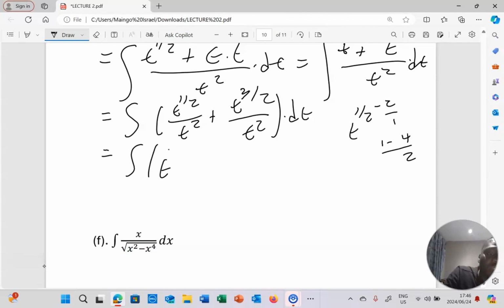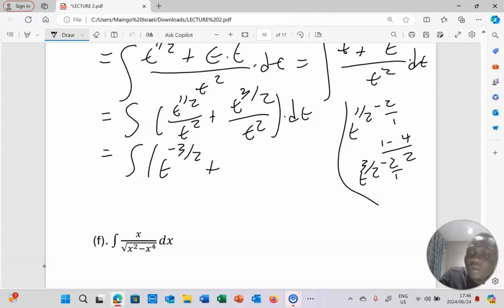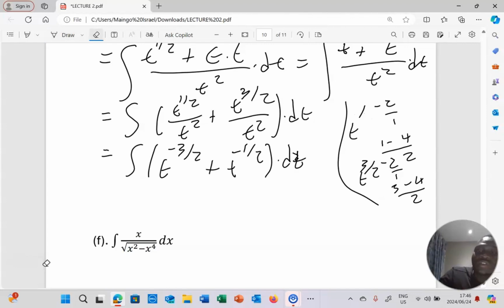So this will be t^(-3/2), then plus t^(3/2 minus 2), this is kind of rough work, which is (3 minus 4) over 2, which is just minus 1/2. This is t^(-1/2) dt.